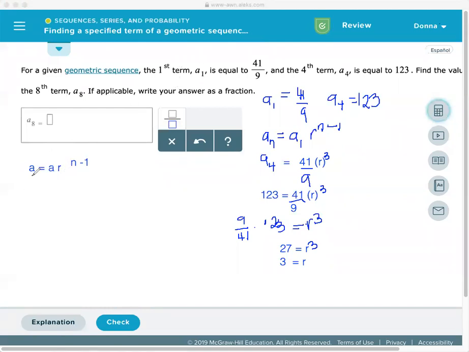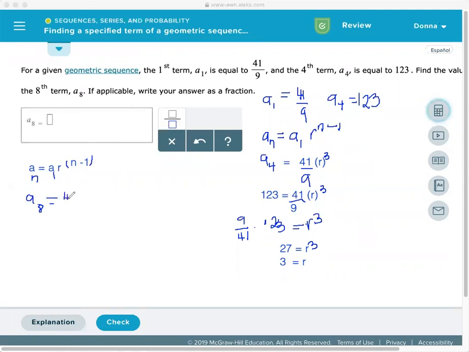So we have A sub n is equal to A1 times r, all raised to the n minus 1. Now we can find the eighth value. So it's A sub 8 is equal to A1, which in our particular case was 41 over 9, because they give it to us.